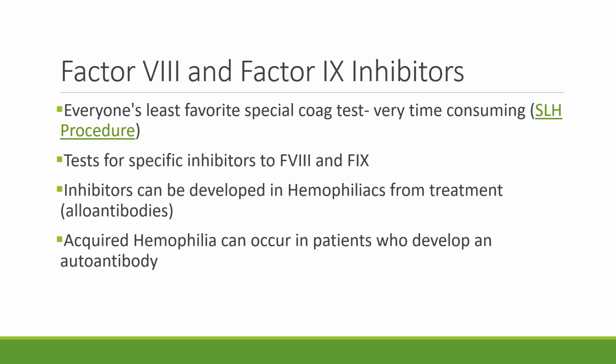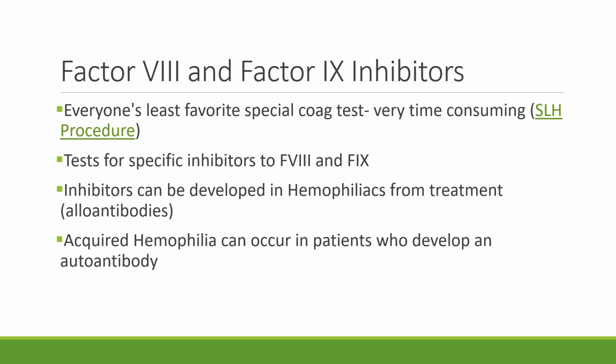These are very specific factor inhibitors that inhibit factors 8 and factor 9, and these inhibitors can be developed in hemophiliacs due to the treatment or alloantibodies formed against those specific concentrates that are given for replacement therapy. And acquired hemophilia can occur in patients who develop an inhibitor due to an autoantibody. So this can be autoimmune or can be alloimmune acquired.